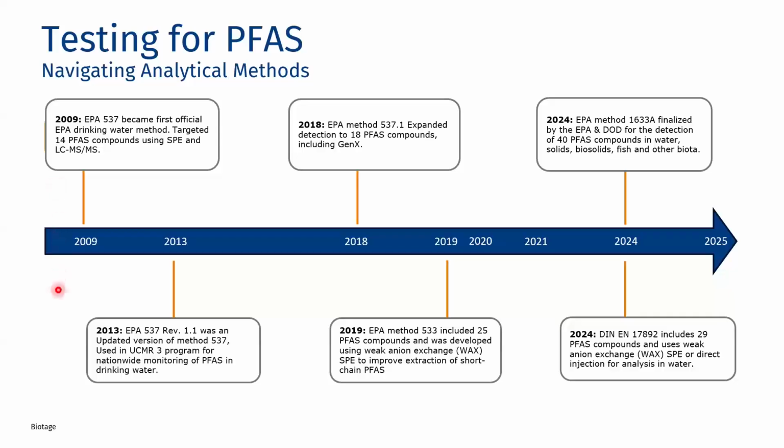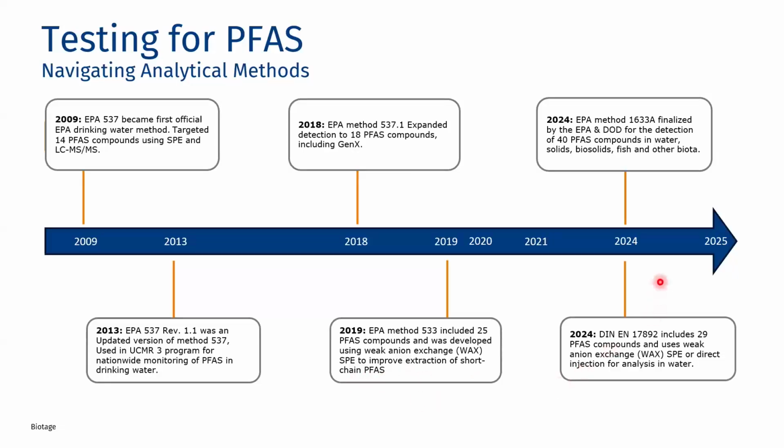From there, as part of the UCMR3 program, the EPA expanded their method to 537.1, which had 18 compounds, including GenX. And then shortly afterwards, EPA method 533 came out with 25 PFAS analytes, and it was developed using a WAX SPE versus the traditional DVB that was used in 537. And this was done to improve extraction of short-chain PFAS analytes.